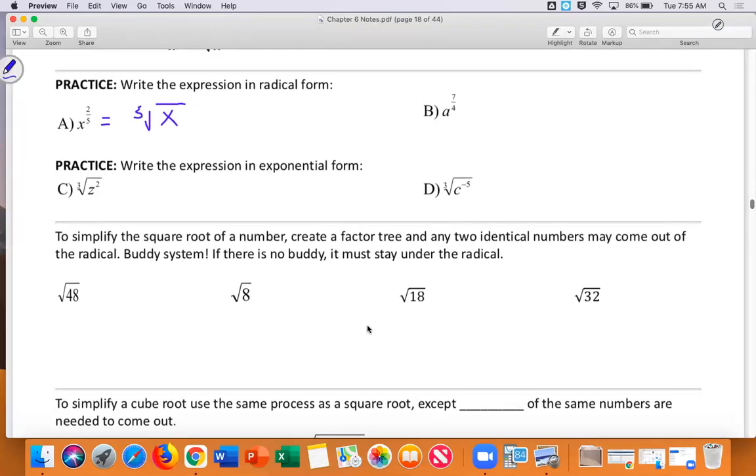So that would be the 5th root of x squared. And then b is a to the 7/4. I have my little house here, and a is in the house because that's my base. If the fraction falls over, I have the 4th root of a to the 7. You okay with that?